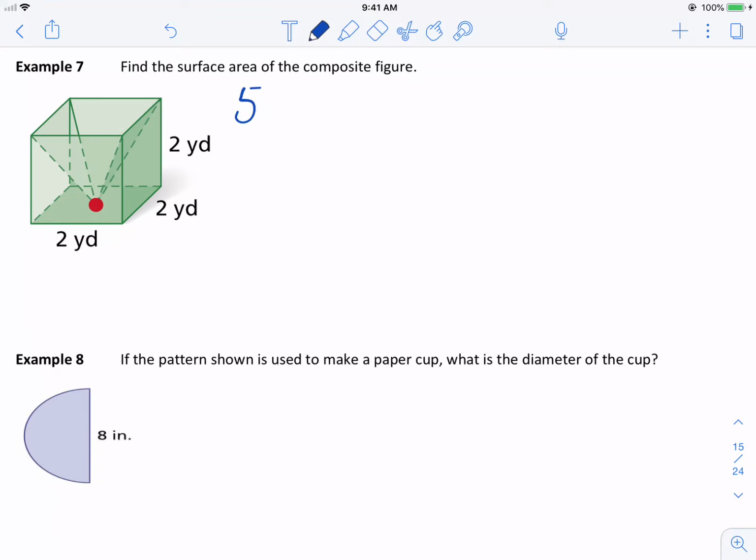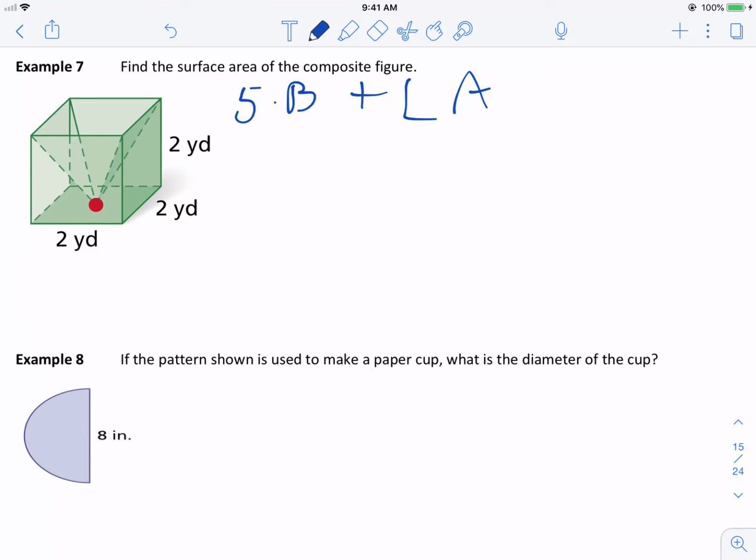They're also bases, so let's just say 5 times b. And then to that, we're going to add on the 4 lateral faces of a square pyramid, which is the lateral area of that pyramid. So that's the general procedure that we're following here.